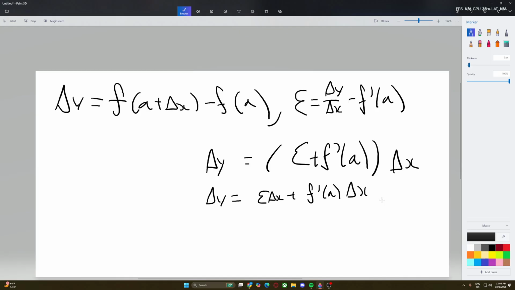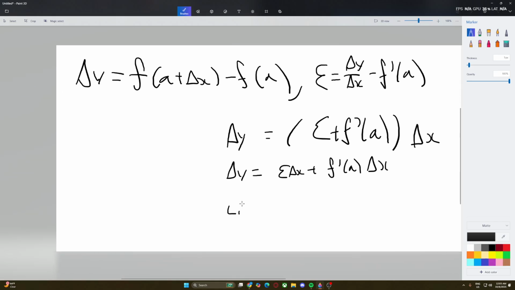So basically, I was saying that the limit of epsilon as change in x approaches 0 should equal 0, because as the limit approaches 0, it should equal f prime a right here.